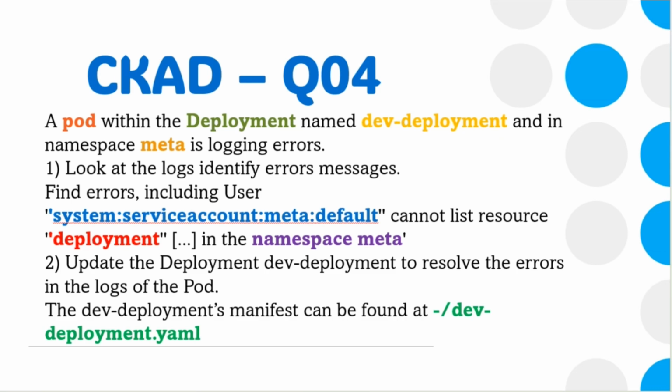In that case, if they ask you to change the service account itself, first you need to check whether the question expects you to create a new service account in the same namespace, or whether there is an existing service account in this namespace that you need to use instead of the default one. So please be careful whenever you are answering this type of question. There are two different ways to ask the question.